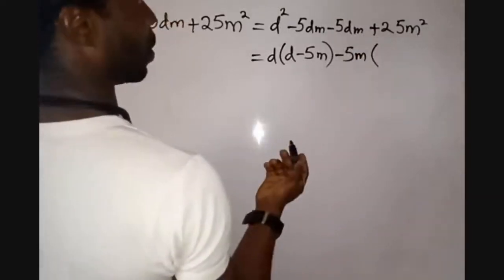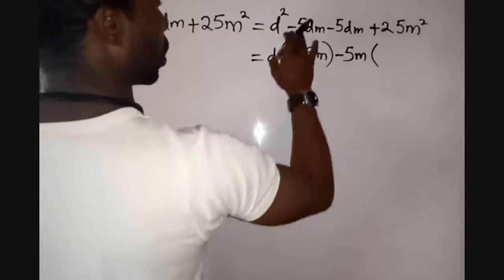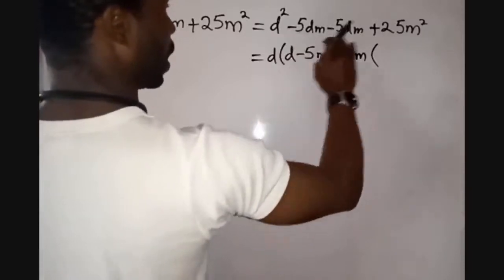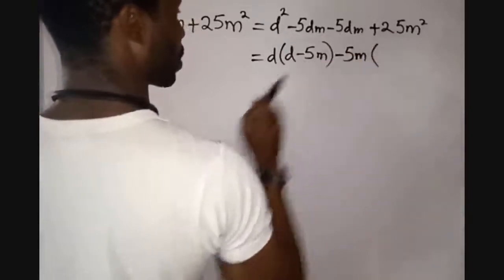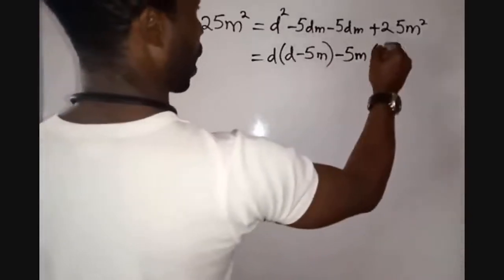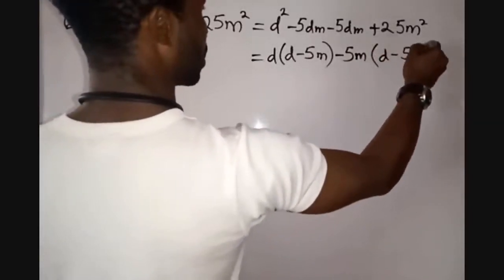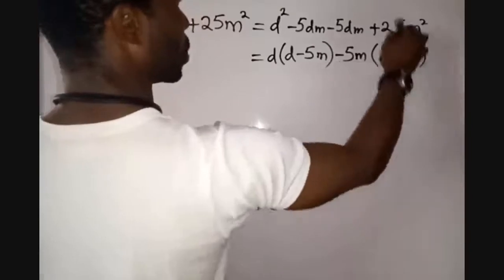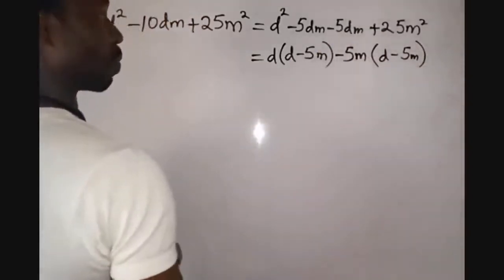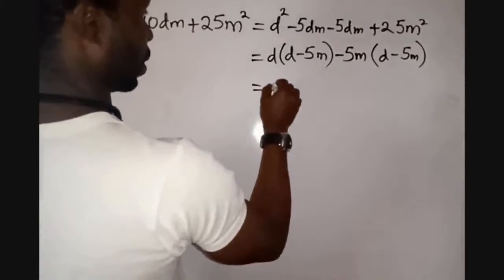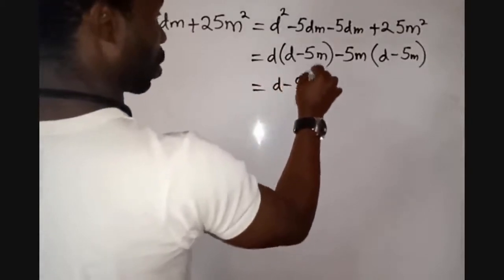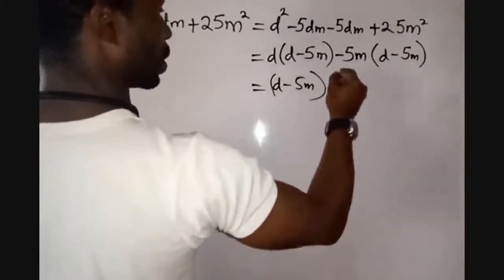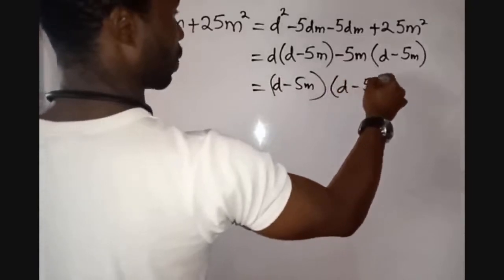If you are following what I've been teaching you, since you are sure of these factors and you are also sure of what you have brought out here, you can copy and paste. So this is this. If you open the bracket, you're going to have exactly the same thing you have up there. So you have d minus 5m to be common on this side, so the other side will now become d minus 5m.